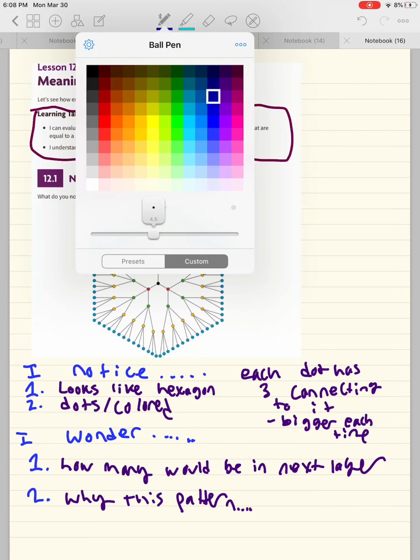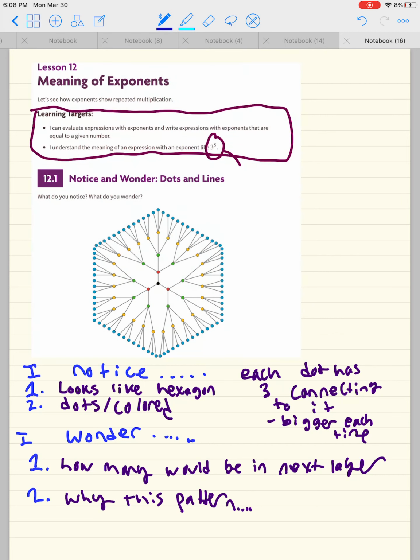Okay, I just want to point out that the first black dot has 1 dot, and then the next has 3, and then the one after that has 1, 2, 3, 4, 5, 6, 7, 8, 9, and the next one has 27, and so on. So each row is actually going up by a multiple of 3.